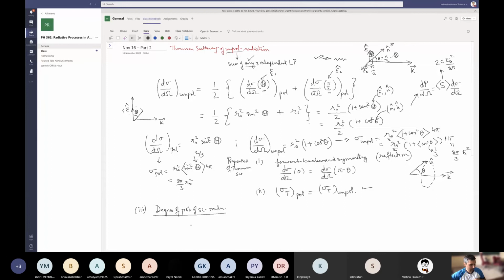Let's see. In plane, the intensity of this scattered light will be proportional to cos squared theta, small theta. Do you see that? This is the polarization along epsilon 1. So if you are at theta equals pi by 2, you should see nothing of this polarization.